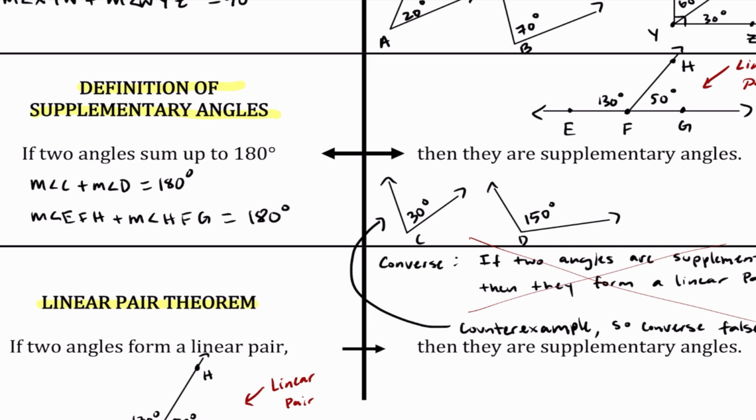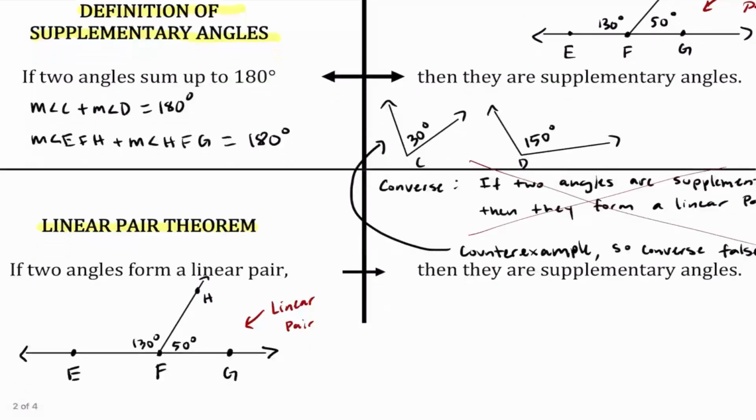Or the converse would be if they are supplementary angles, then the two angles sum up to 180 degrees. It's a biconditional because this is a definition. The other theorem or property that deals with the word supplementary is the linear pair theorem, which states if two angles form a linear pair, then they are supplementary angles.